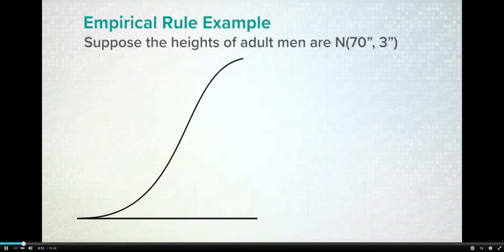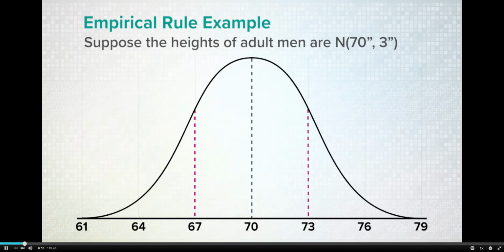What if I asked you, what proportion of the men are taller than 75 inches? Remember in the previous lesson, 75 was not one of those special numbers that allowed us to use the empirical rule. Well, we will deal with this issue in this lesson instead.